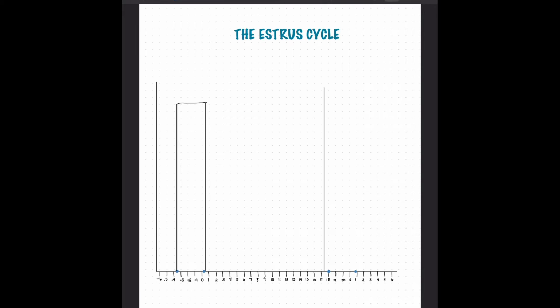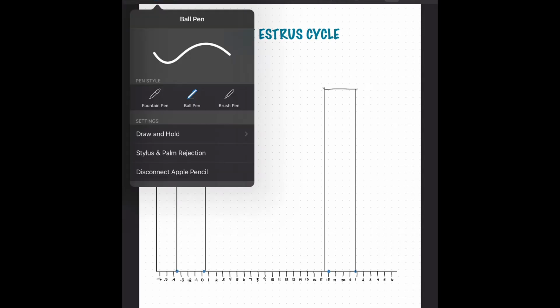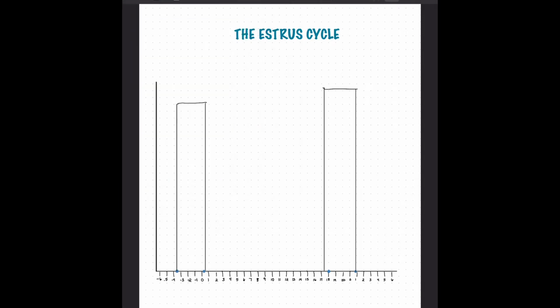The follicular phase only makes up about 20% of the overall cycle. And then there's the luteal phase, which makes up about 80% of the overall cycle. So then the luteal phase will be in between here. And the follicular phase is the period of luteal regression. It's when the new CL is formed.